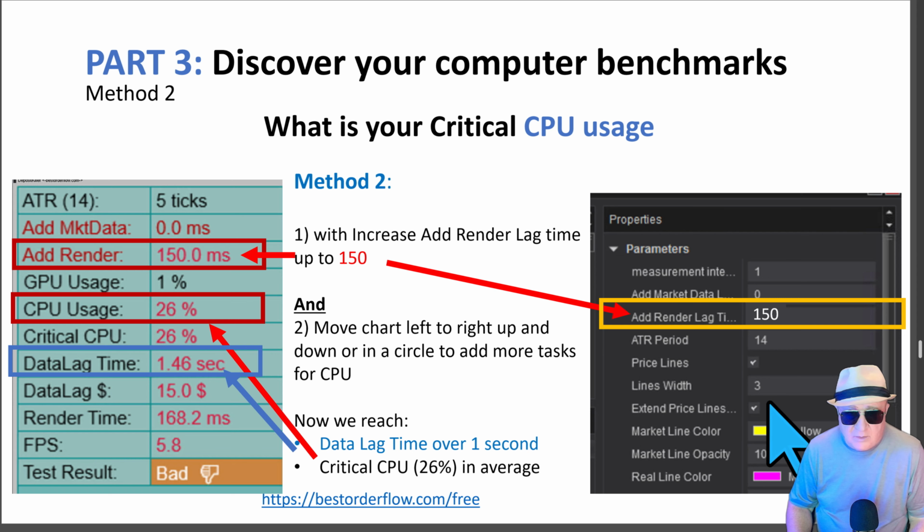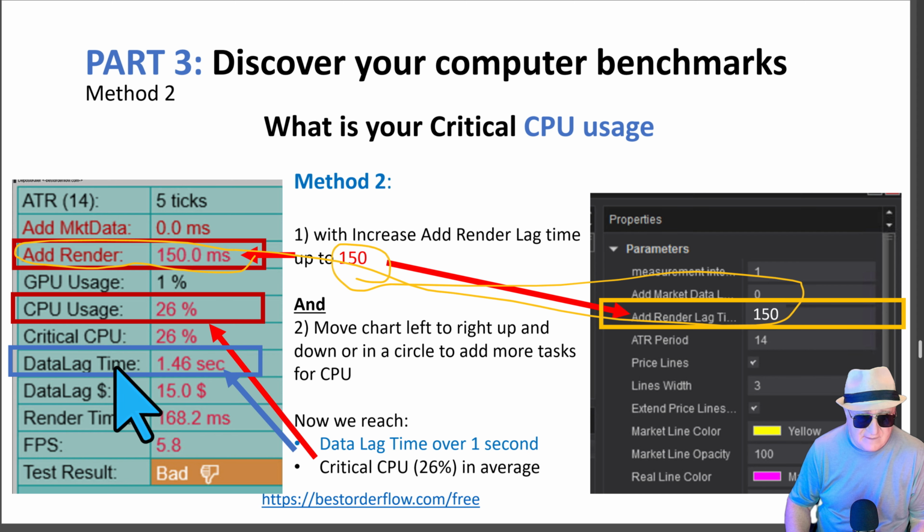And here we go. When we added render time up to 150, we received the data log time exceeded 1 second. At that very time, we need to take a look at our CPU usage and our critical CPU usage. On this particular computer, our critical CPU usage is 26%.